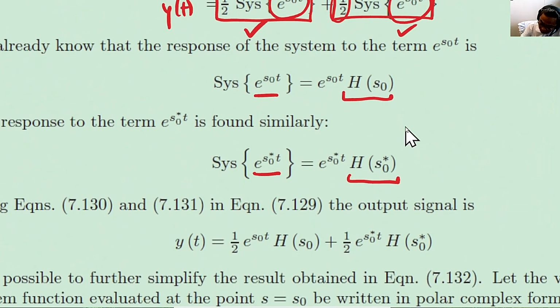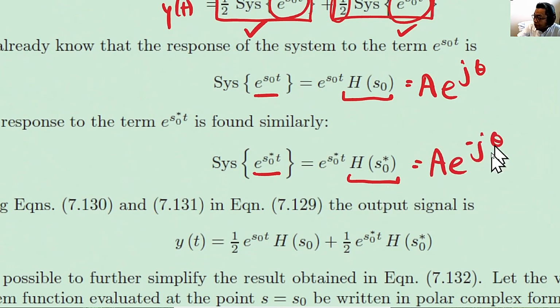Later you will see that this would have a gain of, for example, A e^(j theta). For this one, it will be A e^(-j theta), the complex conjugate on the phase. The gain, the magnitude, is the same.